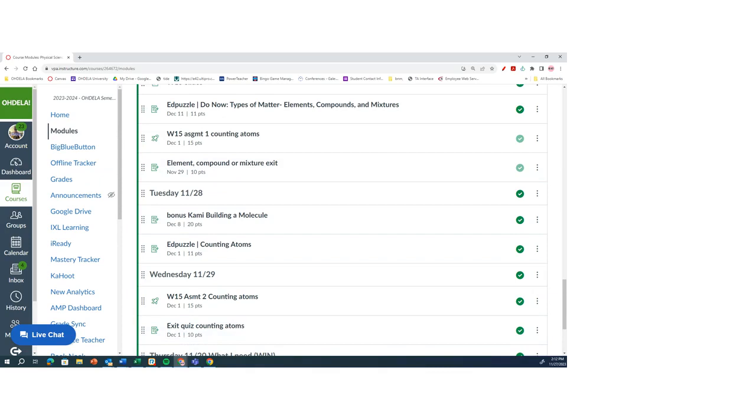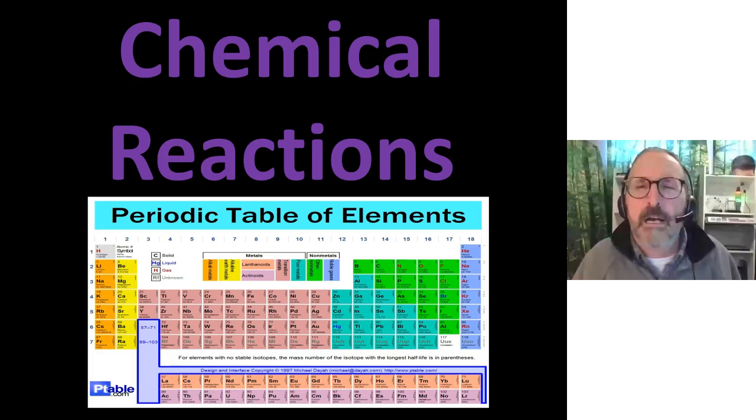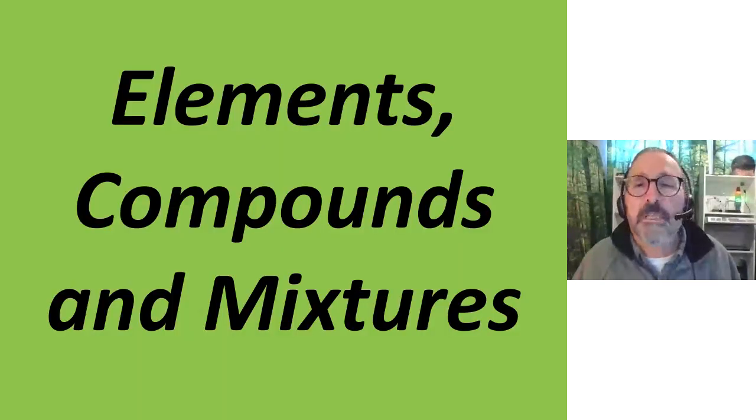Okay, so what we're going to be doing today, we're going to be taking a look at chemical reactions, the beginning of chemical reactions. Unfortunately, most of the time we're going to be doing this during testing, which is unfortunate.